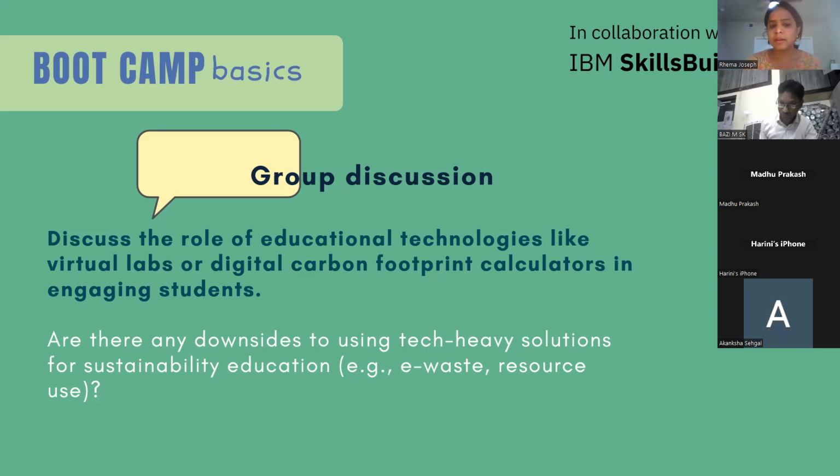See, these are just two examples, but you can share examples of how this is helping, but it'll also be more interesting to see if any teachers think about the second point on the slide, which is, are there any downsides to using tech-heavy solutions for sustainability education?